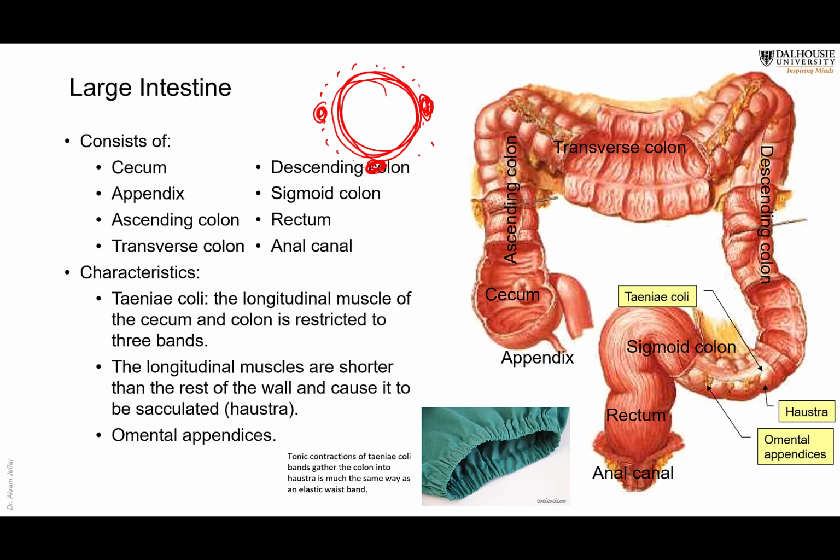These are features that are not present in the small intestine. In addition, there are finger-like projections attached to the large intestine containing fats, and the size and amount of these, what we call omental appendices, depends on the nutritional status of the individual. So these are the three main features that differentiate large from small intestine.